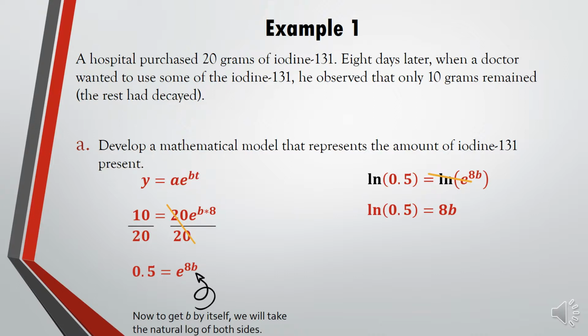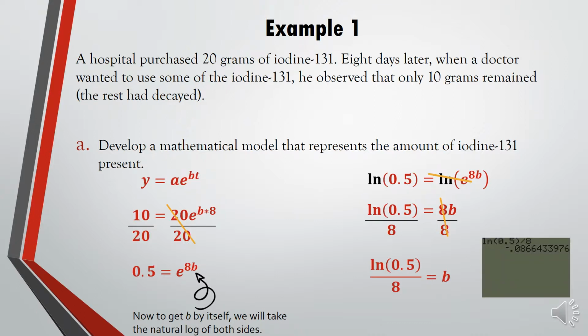All right, now we're almost done. We almost know what b is. So to get b by itself, we have this 8 in front of it right now. So to get b by itself, we're just going to divide both sides by 8. That's going to cancel out the 8's on the right-hand side. Then you're left with b equals natural log of 0.5 divided by 8.